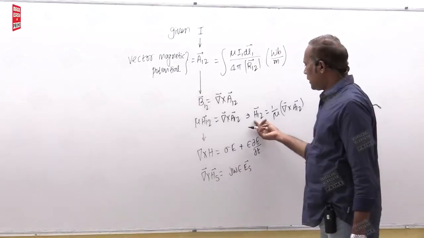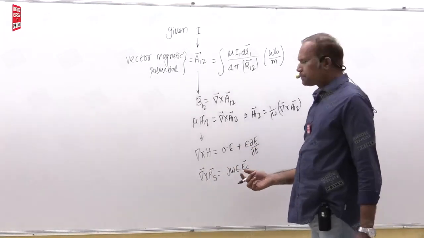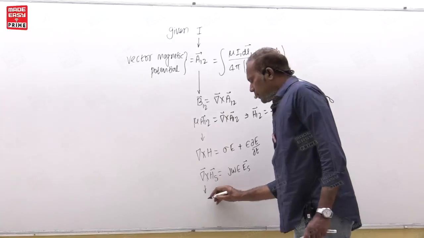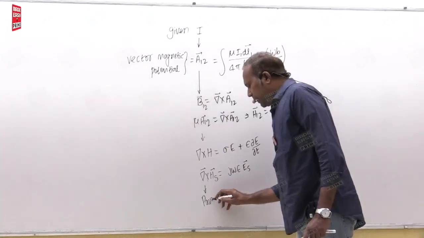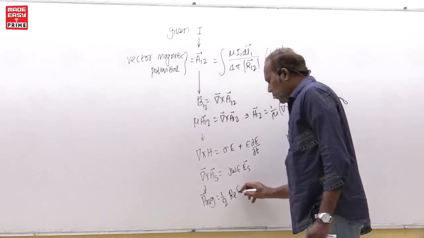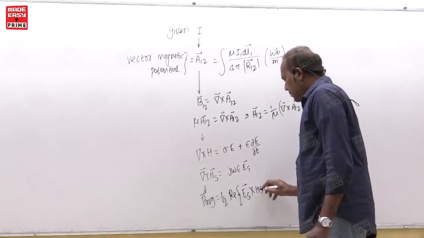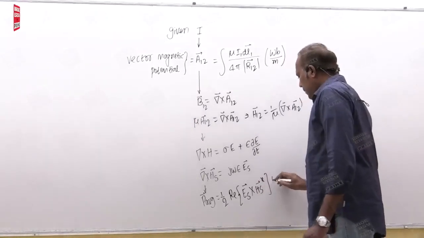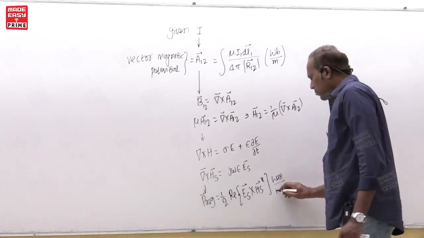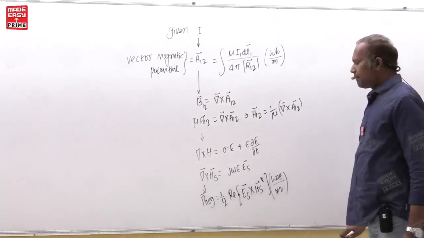You will be substituting this vector in the determinant, then from that you will get Es bar. After that you will be finding the average Poynting vector, that is half into real part of Es cross Hs star, in watt per meter square. This average Poynting vector you get.